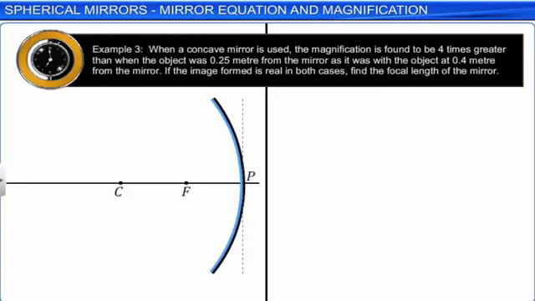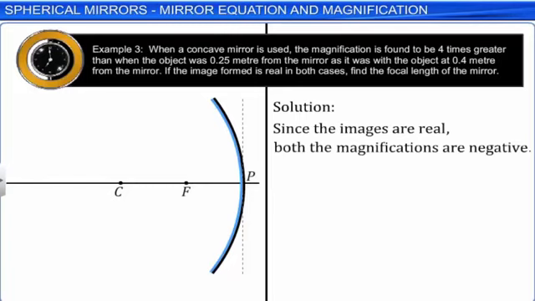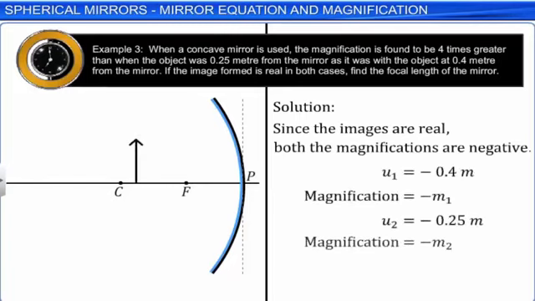Since the images are real, both the magnifications are negative. Let the magnification be minus m1 when the object is at a distance of 0.4 meter and minus m2 when the object is at a distance of 0.25 meter. On rewriting the mirror equation, we have m is equal to f divided by f minus u.